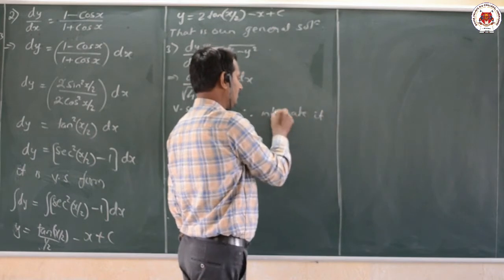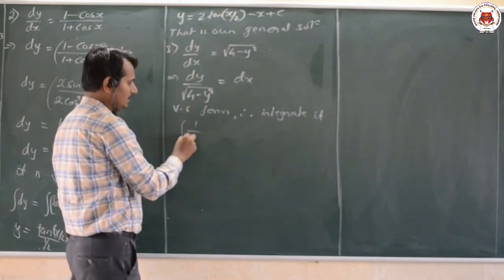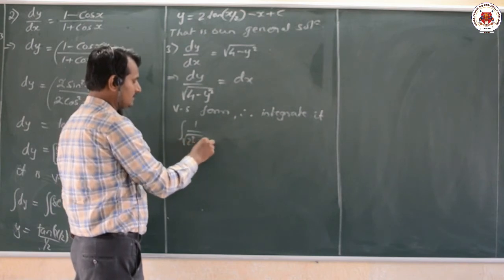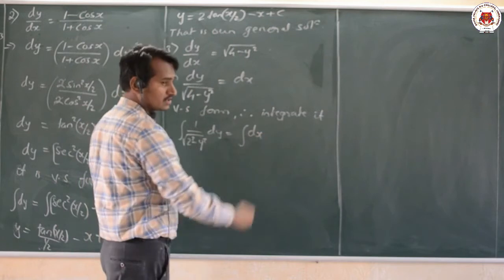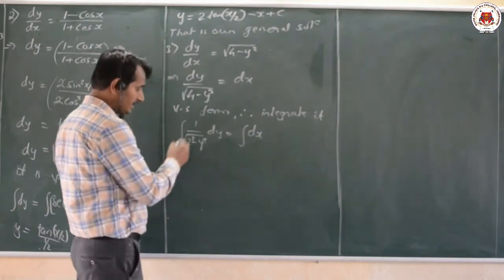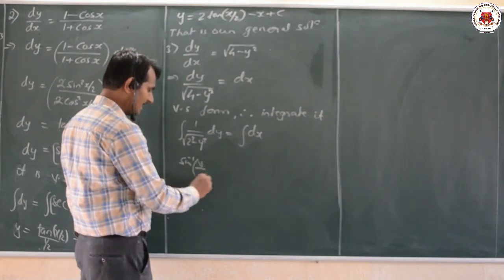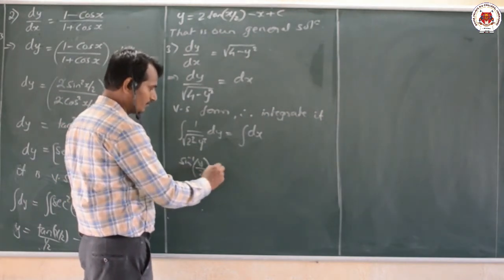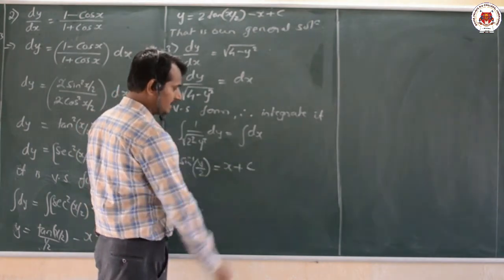Integration of 1 divided by root of 2 square minus y square into dy is equal to integration of 1 dx. Now what is the integration of it? That is sine inverse of y by a, where a is 2, equal to x plus an integral constant c.